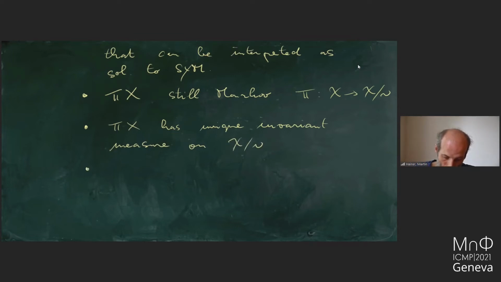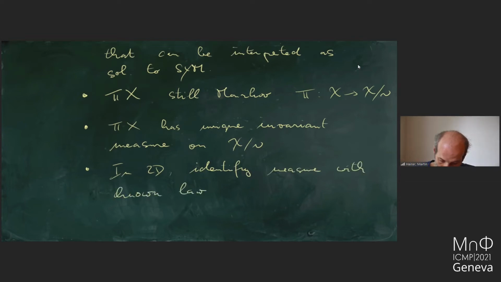And then finally, in 2D, identify the measure with the known law of the Wilson loops. Right?